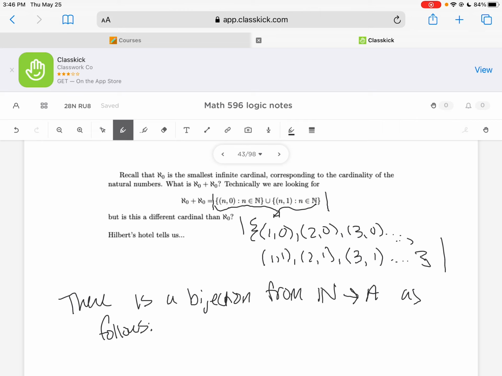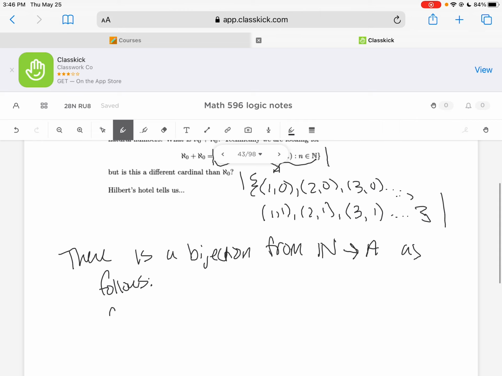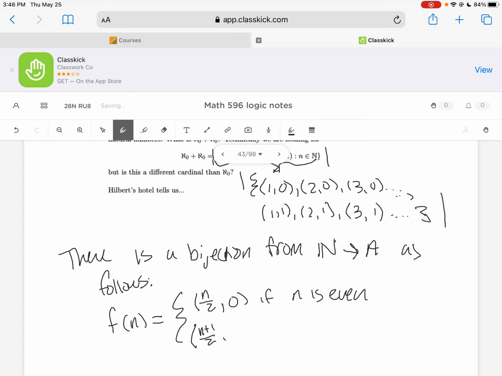So what we can do is we can say that let f of n map to n over 2, comma 0, if n is even, and let f of n be equal to n plus 1 over 2, comma 1, if n is odd.